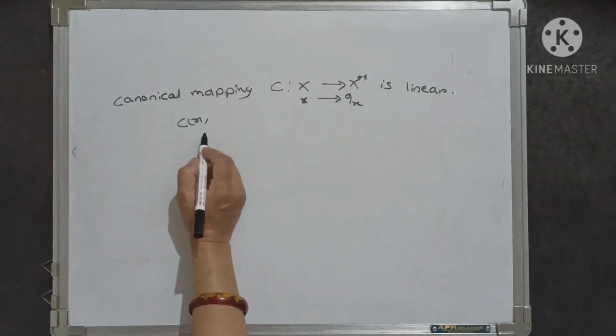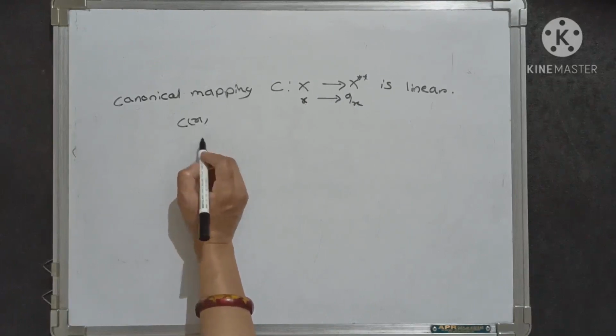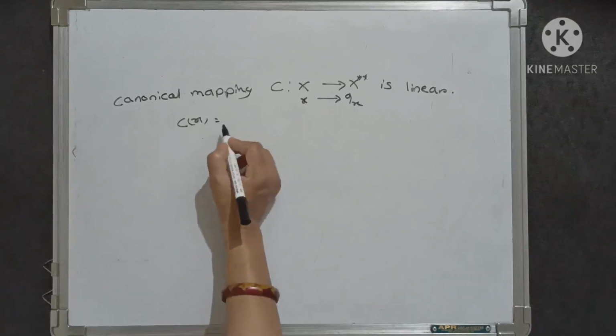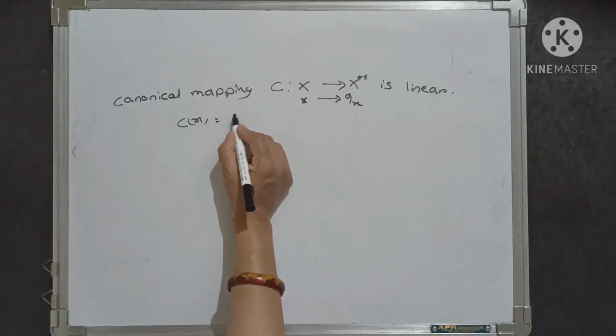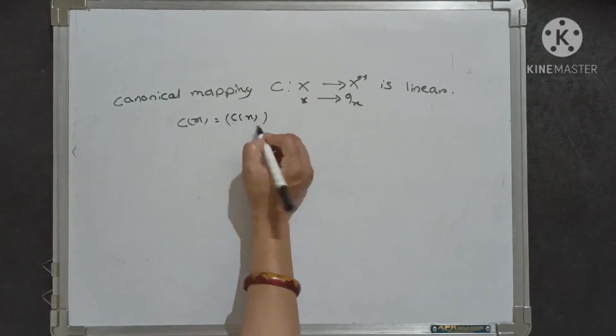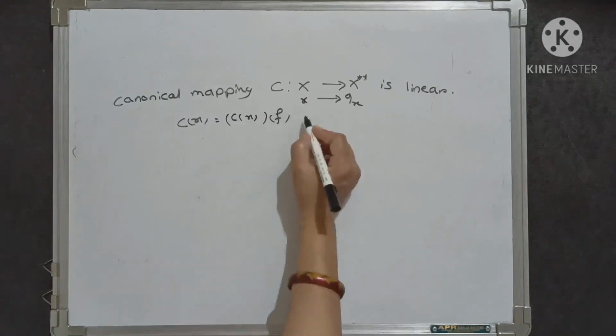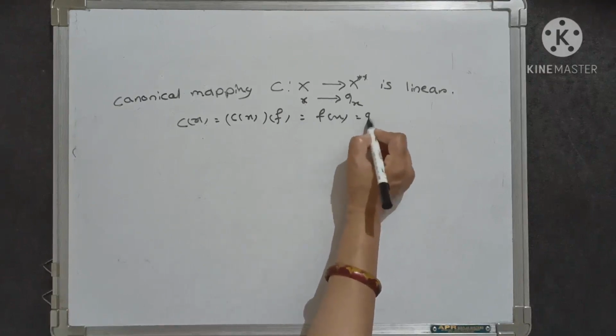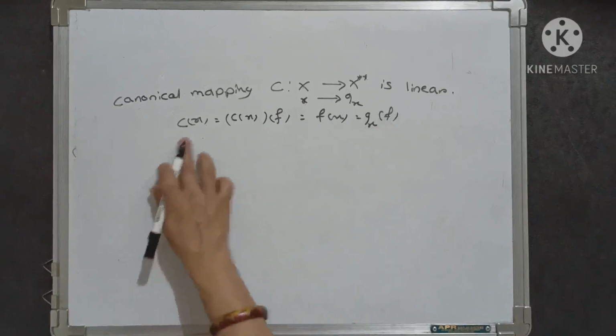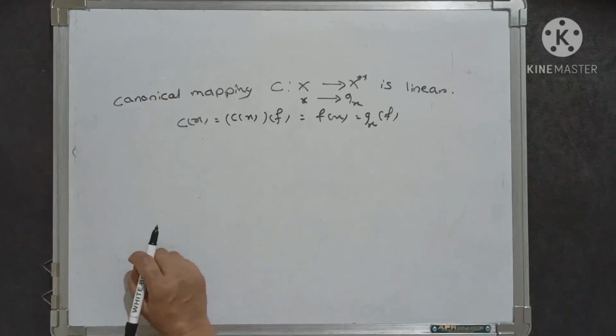That means C of x, which is Cx of f, is equal to f of x, that is nothing but Gx of f. In this way we define the canonical mapping Cx.